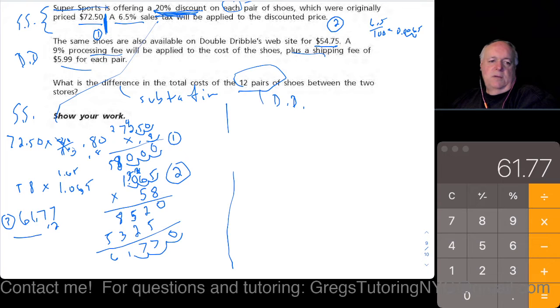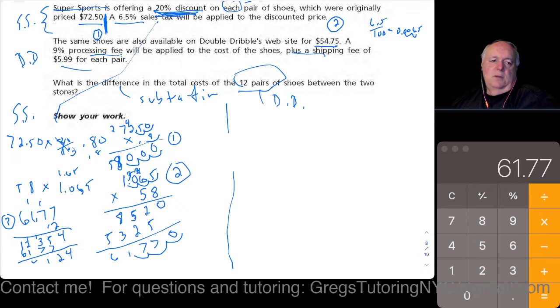So 7 times 2 is 14. Carry my 1. 7 times 2 is 14, plus 1 is 15. 2 times that gives 2 plus 1 is 3. And 6 times 2 is 12. And then because it's times 1, we're just going to write the numbers now. It's 7, 7, 1, 6. Okay, so I get 4, 2, 1, 1, 1, 4.